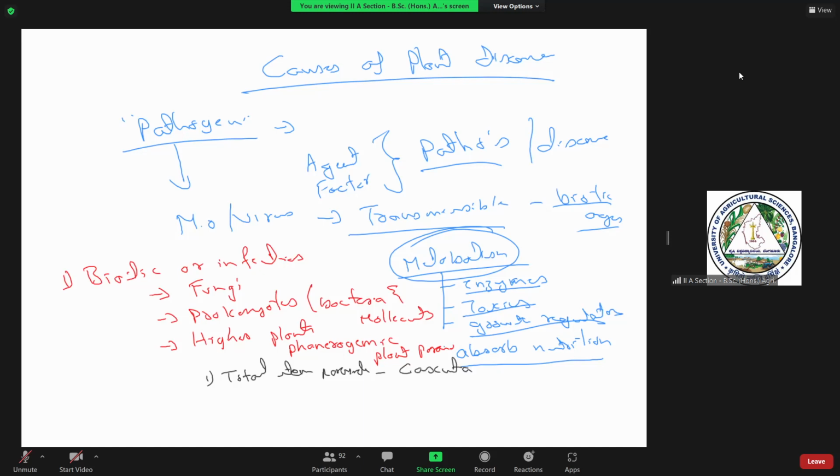And we have a total root parasite, and that is your Orobanche. And the third one, we have a partial stem parasite, which is Loranthus.